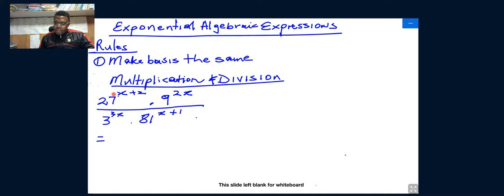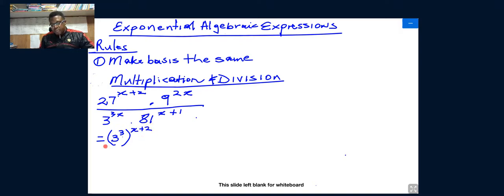So, how do I convert 27 and give it a base 3? Well, we're going to have 3 to the power of 3, all to the power of x plus 2.